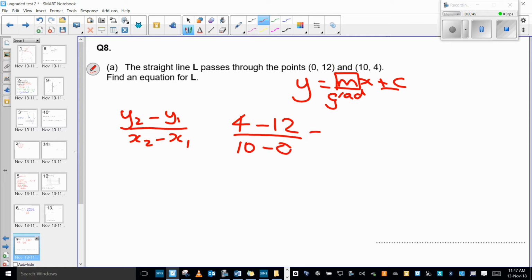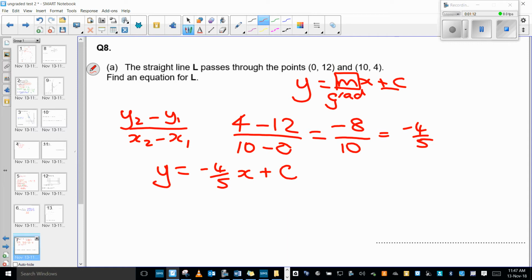Okay, so 4 subtract 12 is? 10 subtract 0 is 10. Do we leave it like that? No. Why not? Simplify. Nice. What does it become? Negative 4/5. So y = -4/5 x + c is our starting point.